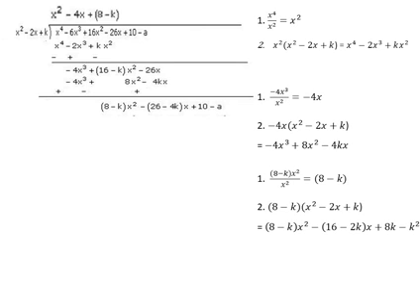Then within the bracket, 2 into 8, 16. Already I have taken the minus commonly. Then 2 into k, minus k, you will get minus 2k. Then k into 8 minus k, so 8k minus k square.